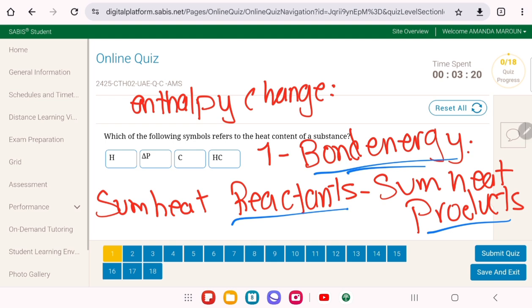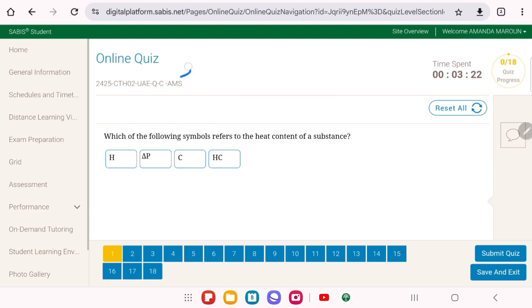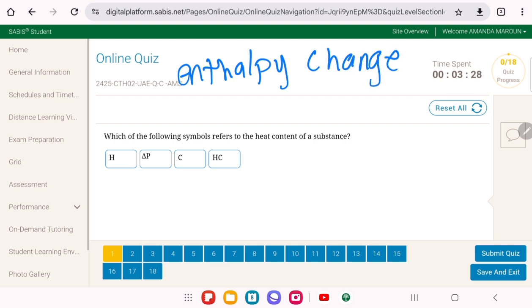Now, the second one of enthalpy change is the enthalpy change of formation, or delta H of formation in other terms.